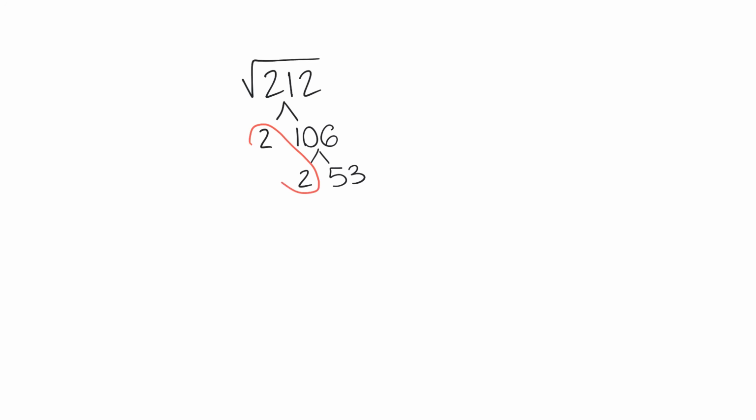So I'm done. So here's a pair of 2s. Here's a 53. It doesn't have a pair. So I can rewrite that. There's a pair, so I take it out. The 53 has no pair, so it stays in. So 2 root 53 is equal to the square root of 212.